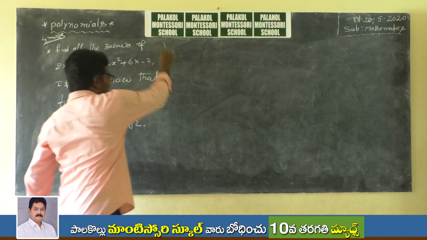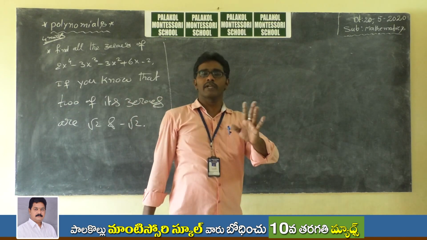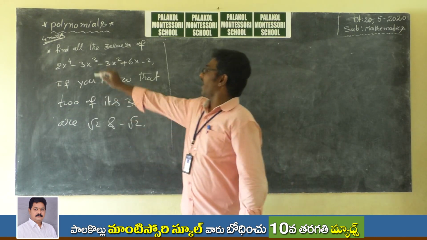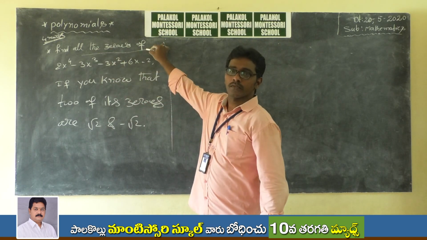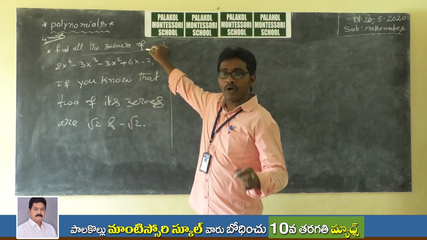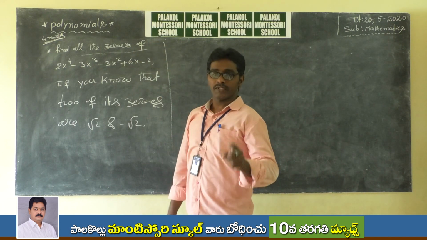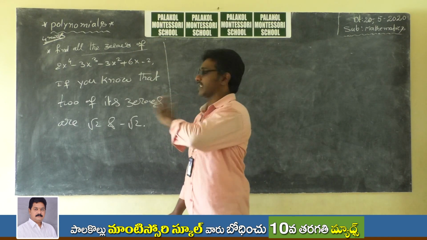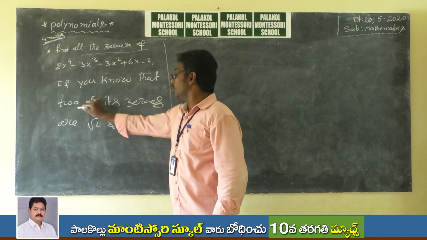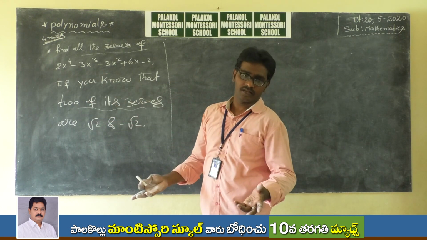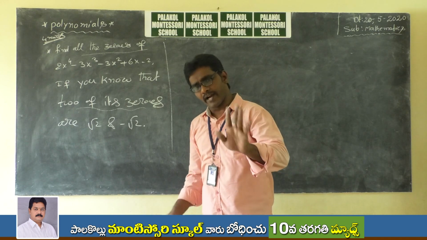Guys, first you study the sum. That's most important in mathematics. To find all the zeros, immediately find what is given and what type of polynomial is given in the sum. If 2 zeros are already given, you find out the remaining zeros.